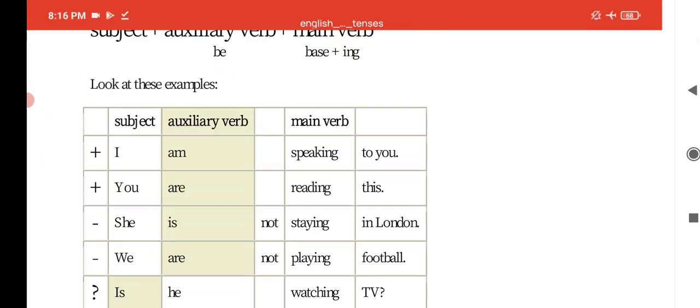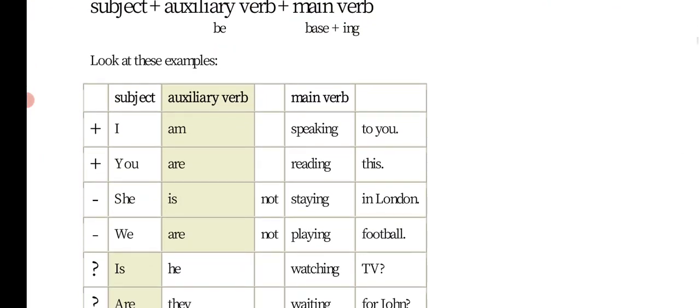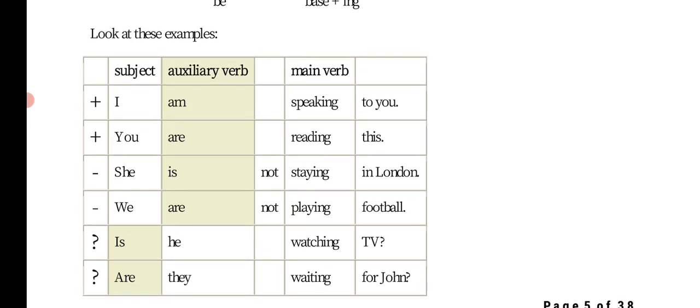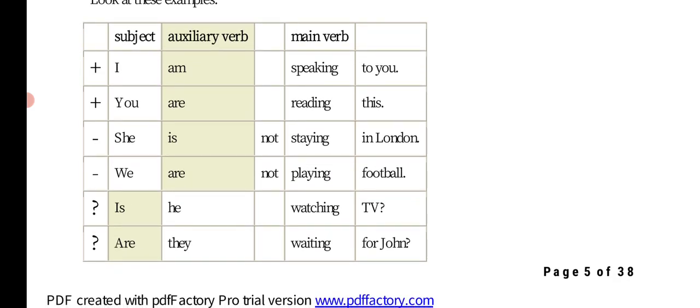She is not staying in London. We are not playing football. Subject is we, helping verb is are, not is the negative word because of the negative sentence. Playing is the ing form of the verb play, and football is the object, which is also a noun. Is he watching TV? This is an interrogative sentence.